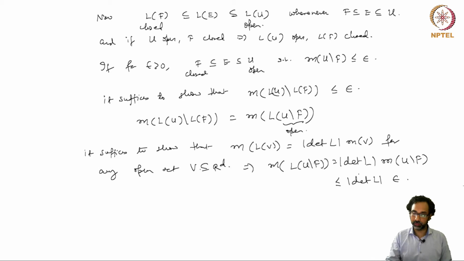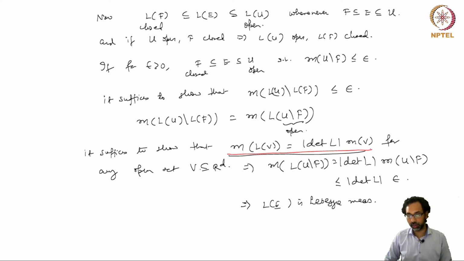And so we will have shown that LE is Lebesgue measurable. So we will prove that for any open set we have this formula, that m of LV is equal to the modulus of the determinant of L times m of V.